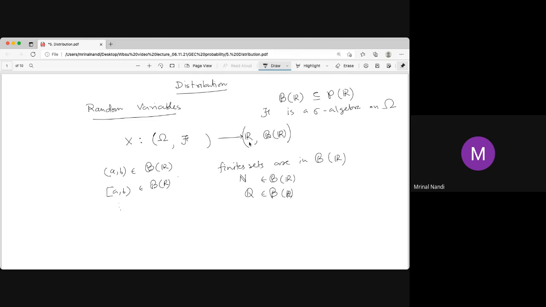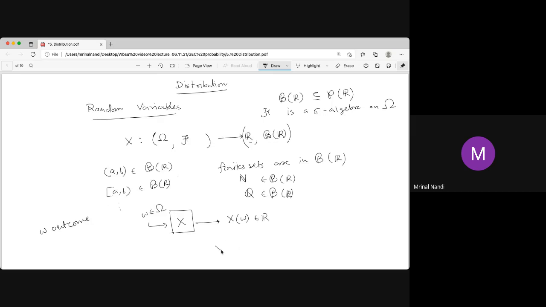So this is the real numbers. The input of this random variable is an element of this omega, called the sample space. So small omega is the outcome of this random experiment, and the output is a real number. So it belongs to the real numbers.